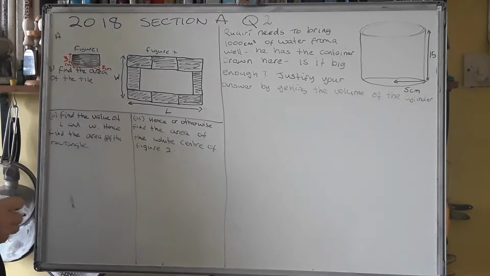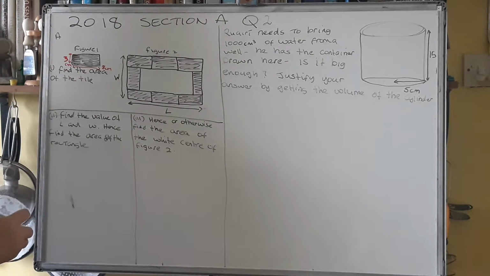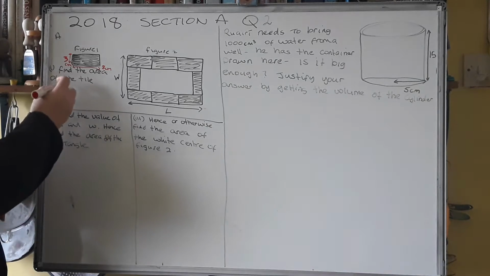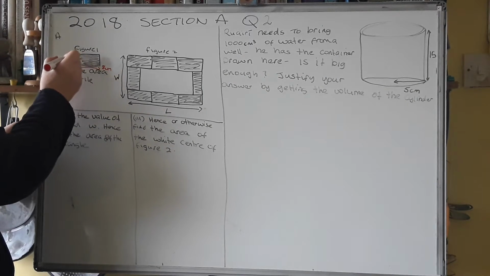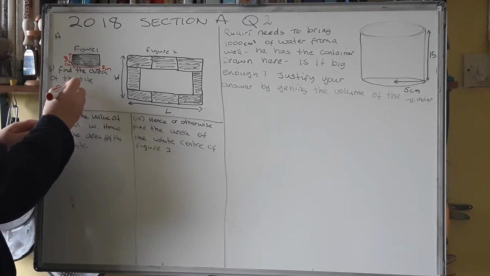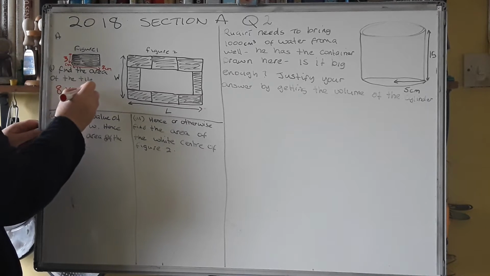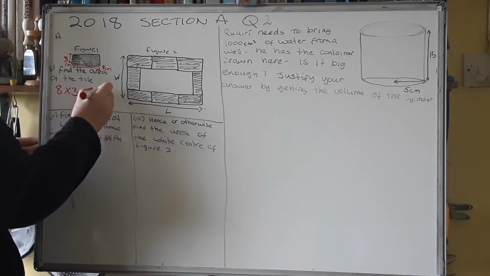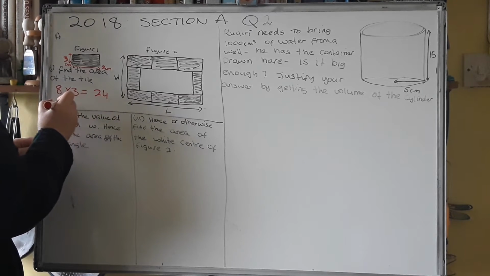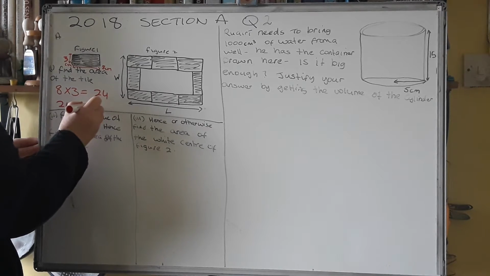So first of all, it says find the area of the tile. The area of the tile is the length by the height, so that's 8 by 3. So the area of the tile is 24. So your answer is 24 centimetres cubed.